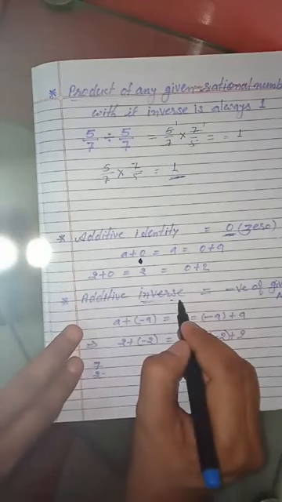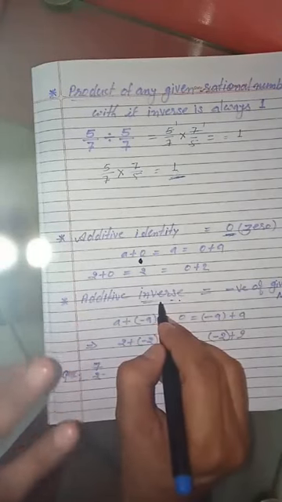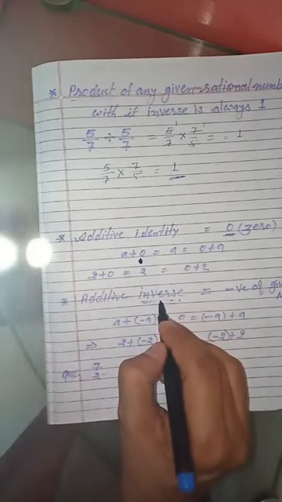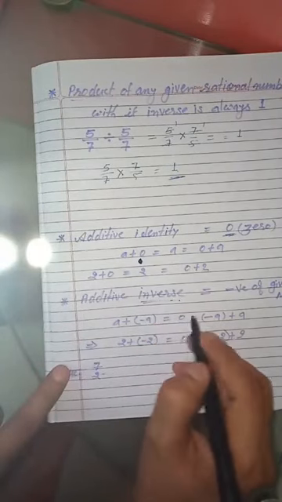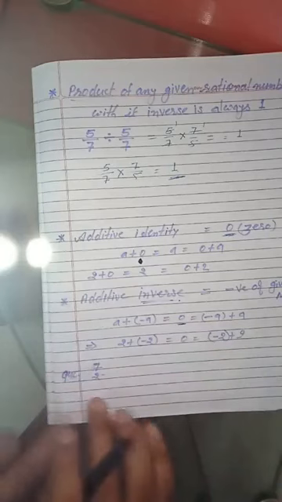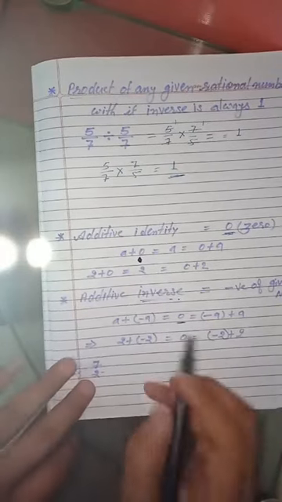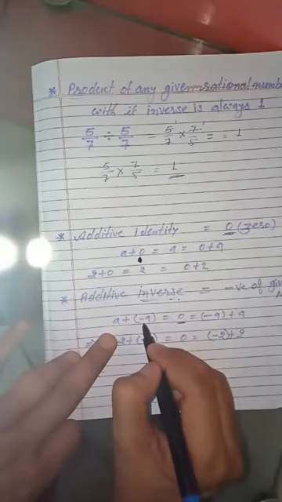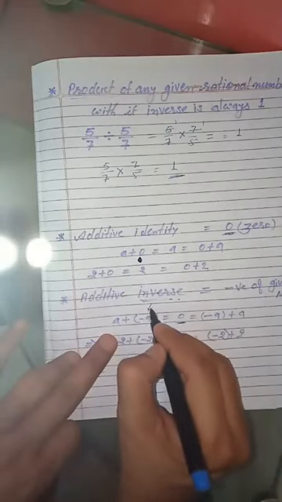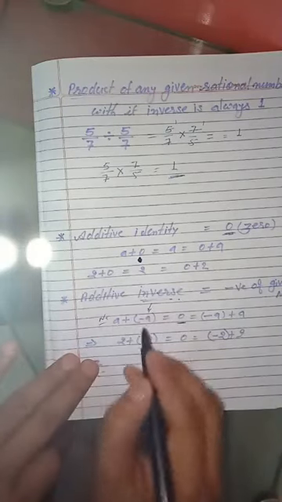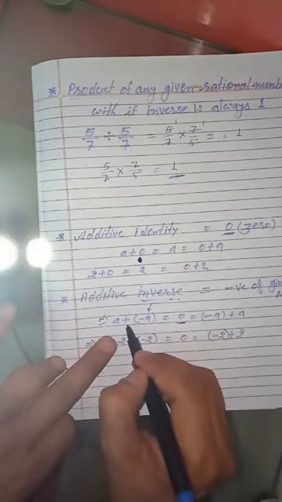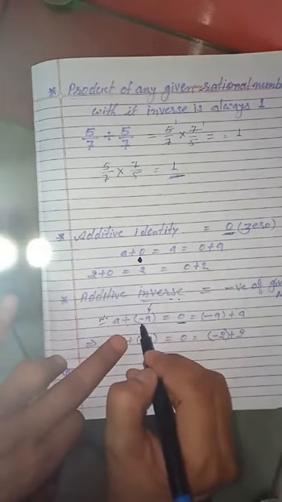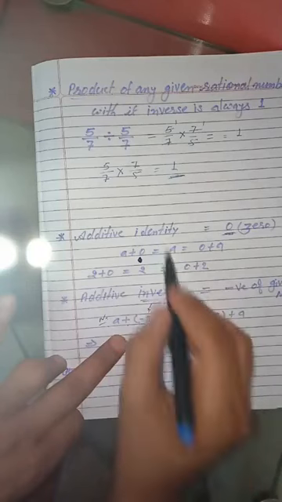So what is additive inverse? The additive inverse is a number which, added to a number, gives the additive identity. Again you understand, a number is added with its additive inverse. This is your number. So whenever a number is added with its additive inverse, the result is always the additive identity.